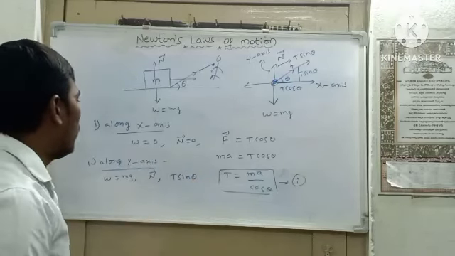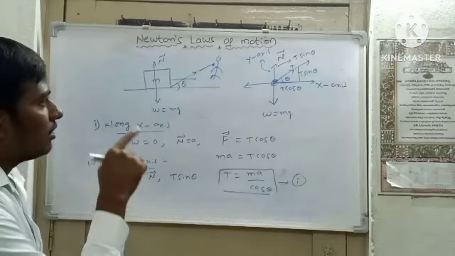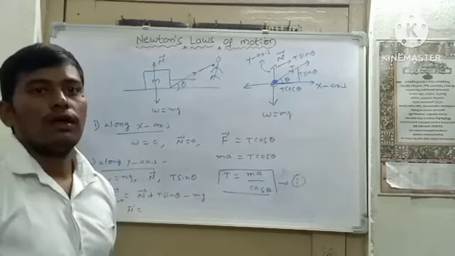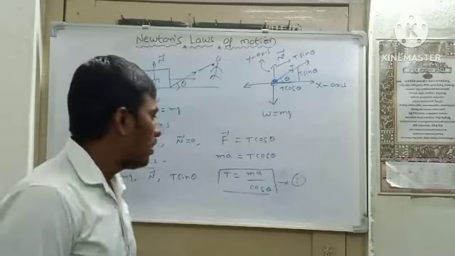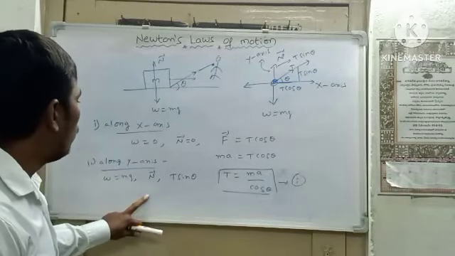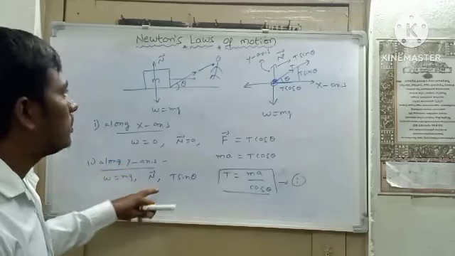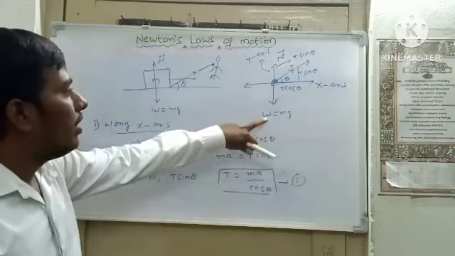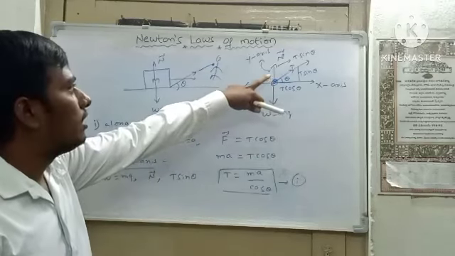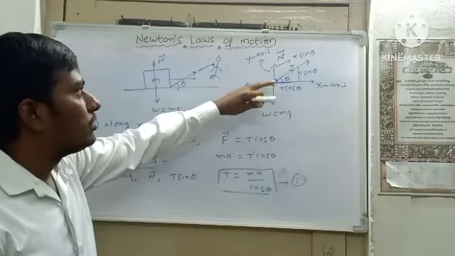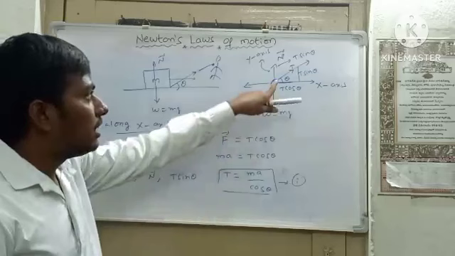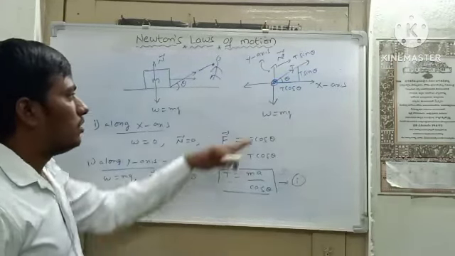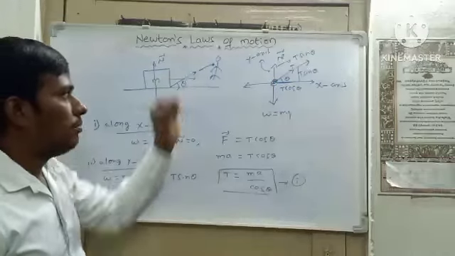So Newton's first law, the sum of the forces acting on the body is equal to 0. Here we are applying Newton's first law. So weight is downward and contact force is upward, and tension also is working. If we take directions, downward is negative, upward is positive.